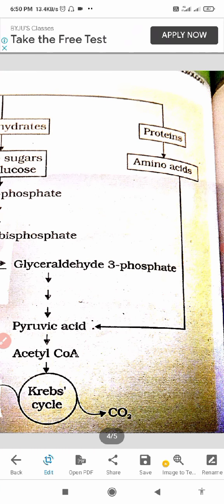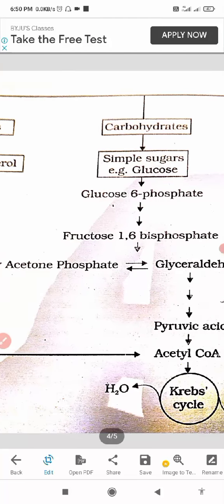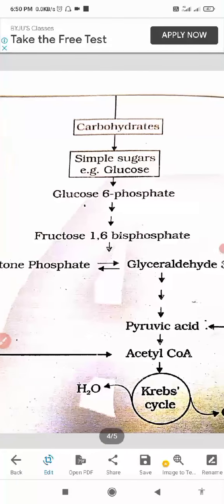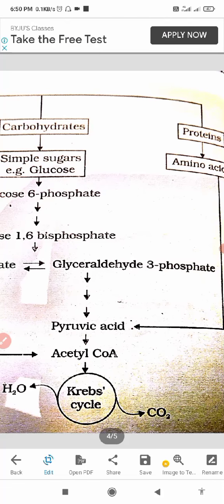The simpler form of the protein is amino acid, and this amino acid enters into the Krebs cycle along with the pyruvic acid. And this dihydroxyacetone phosphate, which is convertible with the glyceraldehyde 3-phosphate, as I have indicated during the glycolysis, these molecules are again added to the pyruvic acid.